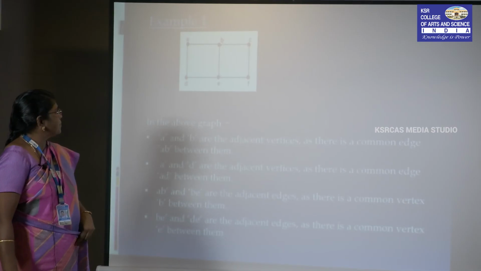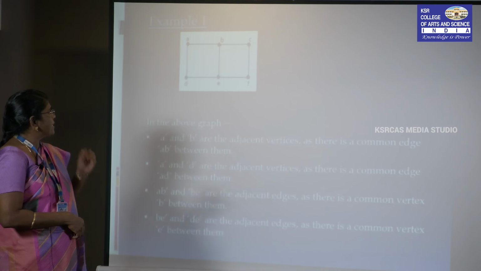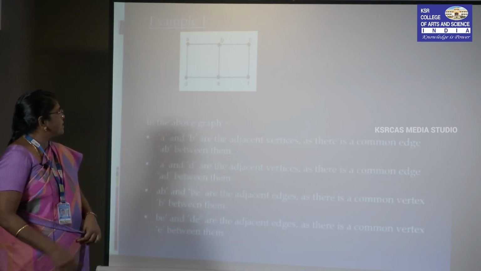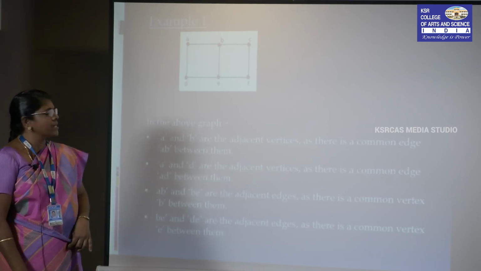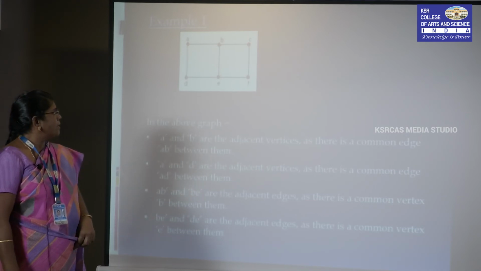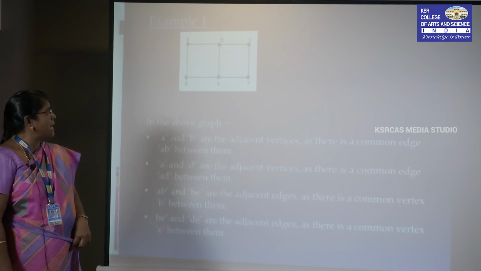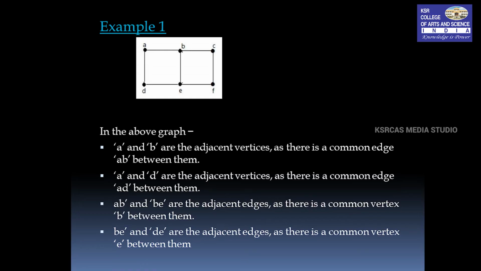In this example, between the vertices A and B, there is one edge. So the adjacency of A is 1 and adjacency of B is 3 because 3 vertices are connected with the vertex B, and adjacency of C is 2 because B and F are connected with C. Like that, the adjacency of other vertices are mentioned here.